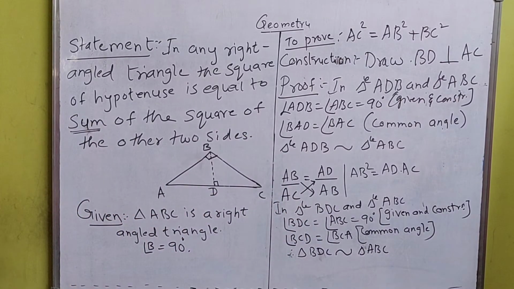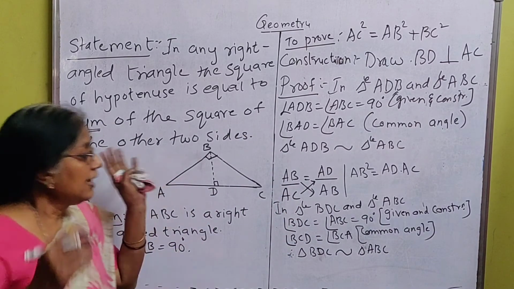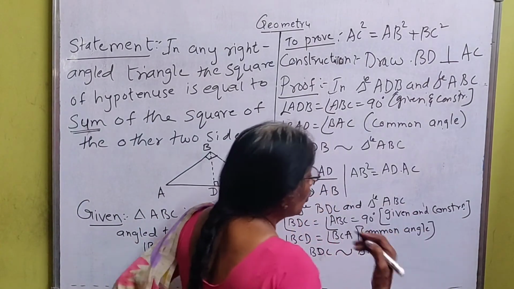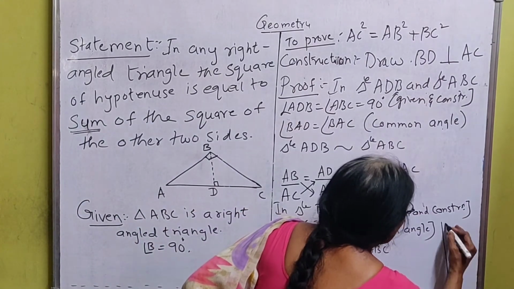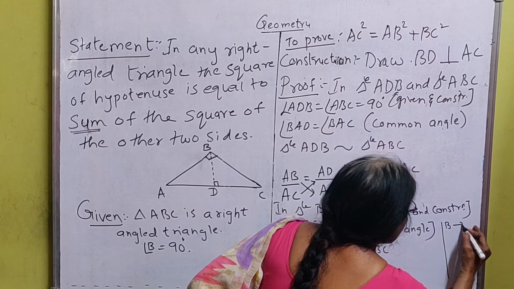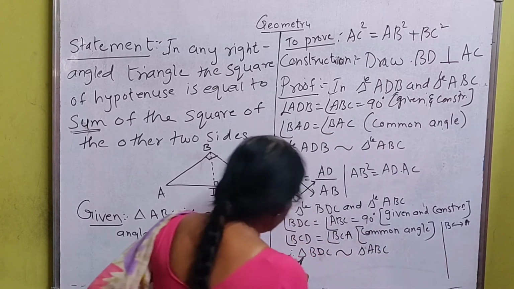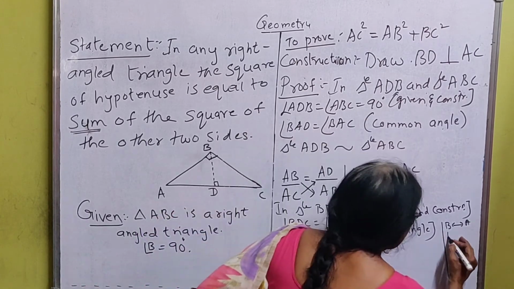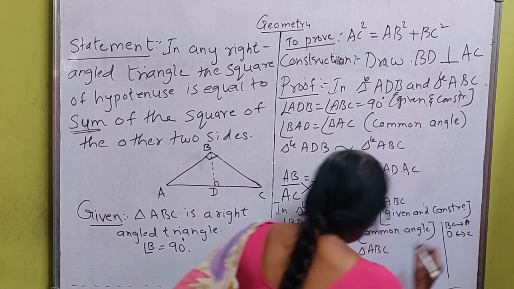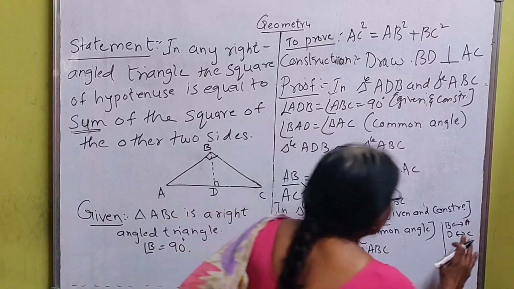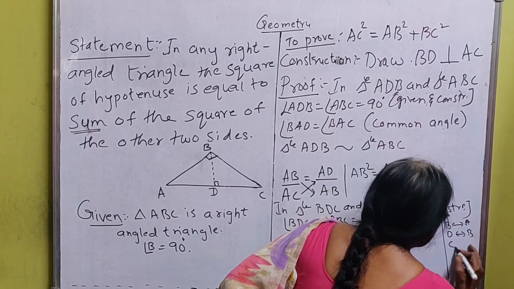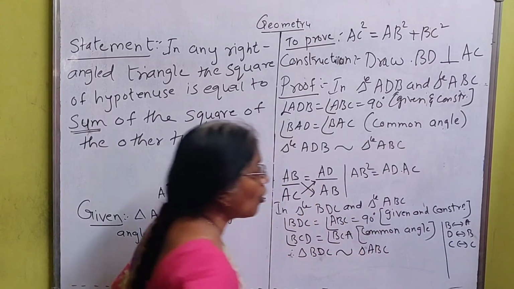Now the side proportion. Let us take it first. I told you that if you don't know, on the side you can write down B corresponds to A, D corresponds to B, and C corresponds to C. C is a common angle.